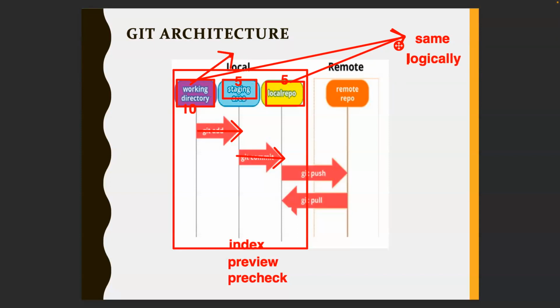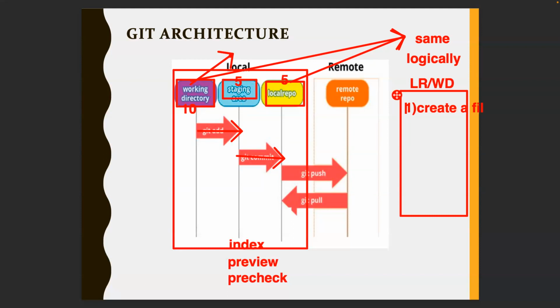How logically they are different? Let me tell you. See, this is your folder. Let's say this is your local repository. Like I am saying, the same is the working directory. How is that possible? This is possible because let's suppose you create a file here. You create a file means it's said to be in the working directory. Okay, then you add the file.